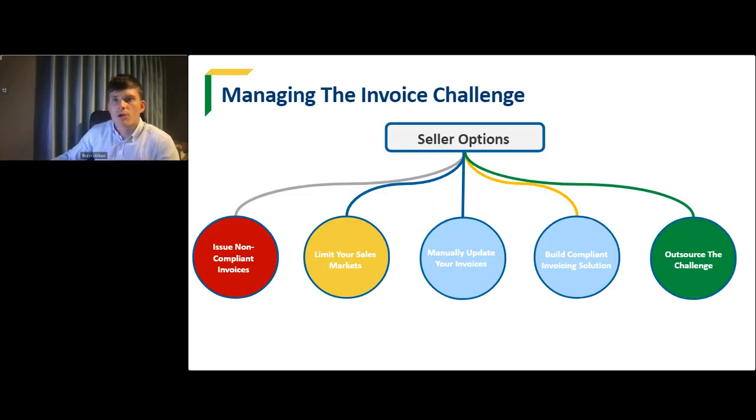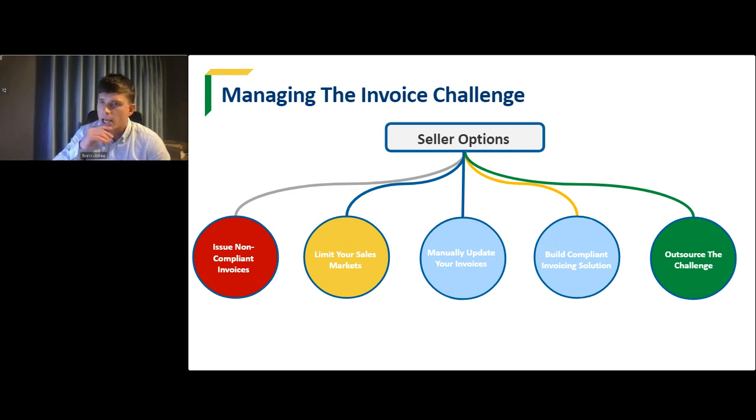Okay, so when it comes to managing the invoicing challenge, what have we seen sellers do? So I've put in a few options here. What we have seen is customers issue non-compliant invoices. Again, coming back to the last question, sometimes this is because they weren't aware of the tax obligation on the invoices, or in some instances, they believe, look, it isn't a priority for us at the moment, and we'll continue with a basic template across all regions.